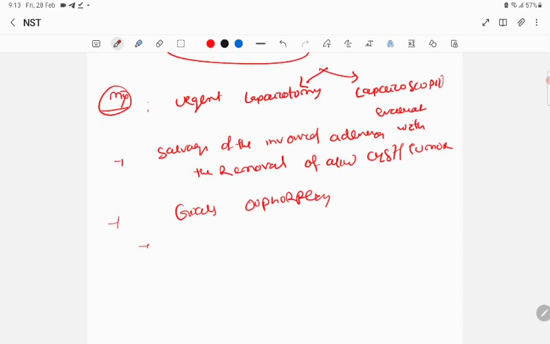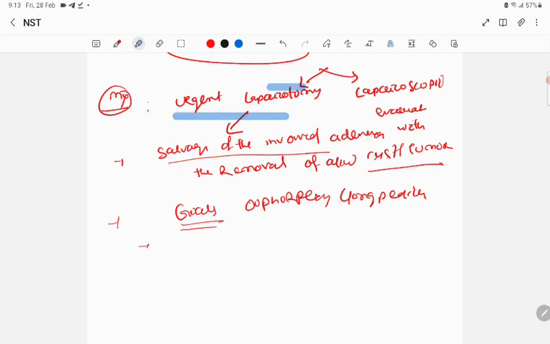If it is salvageable, then you go for a salvage procedure. You only have to remove the cyst and tumor, and if it is a long pedicle, you should go for oophoropexy. Okay, so you go for urgent laparotomy or laparoscopic evaluation and salvage of the involved adnexa.